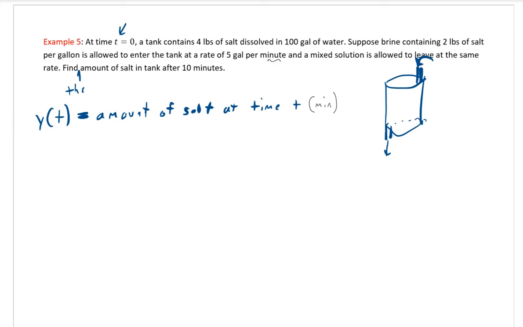Since we see minutes, all these are in minutes. What we know then, if I plugged in 0, is 4 pounds of salt. So that means we know it starts at 4. Our goal is to find what happens when we have 10. We don't know what this is. That's our goal.